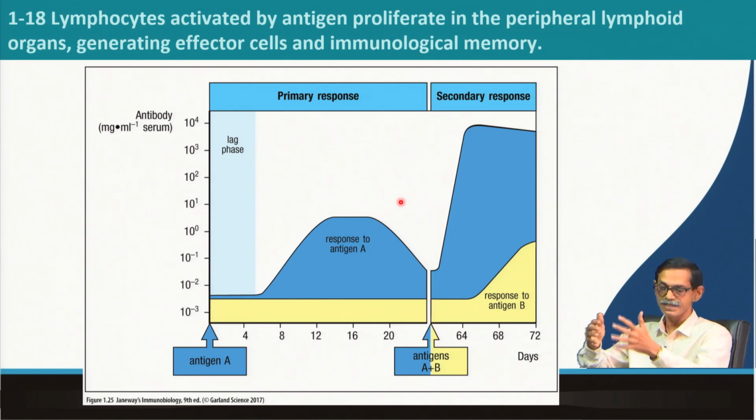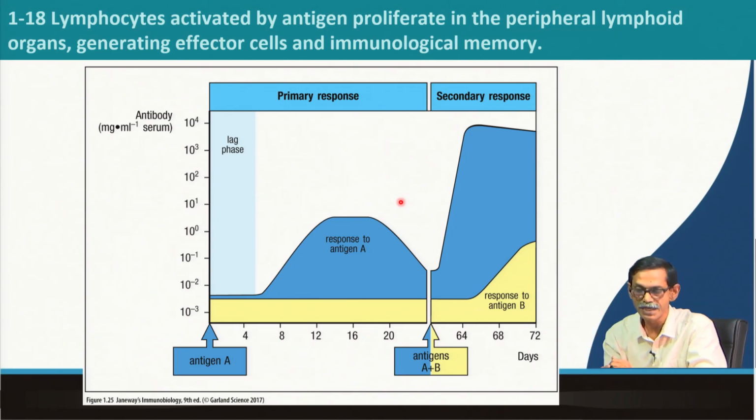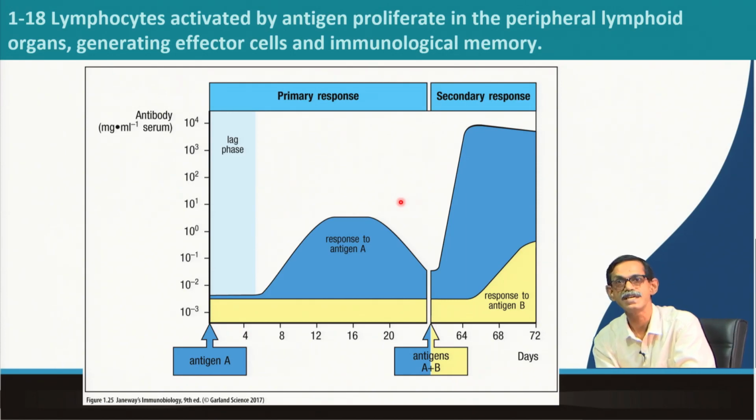So, I am trying to explain this graph. What is happening? Say for antigen A, okay. Suppose we are considering antigen A, and assume for the time being, we will discuss later how, that in blood serum we can measure how much specific antibody is there.